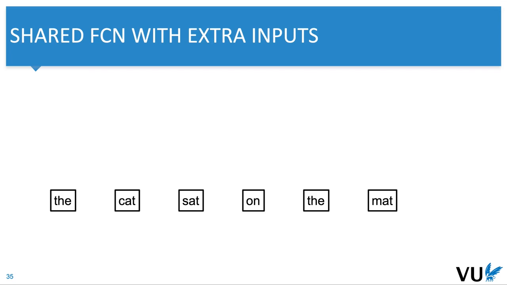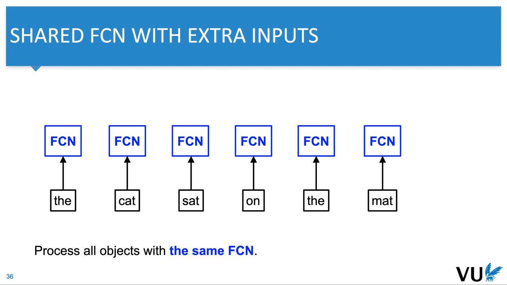And again, I want to sell you this idea: let's start with a fully connected network that is shared, but now it has also some extra input, and in this case it will be applied to each individual word. So we start with processing every single word with the same fully connected network.